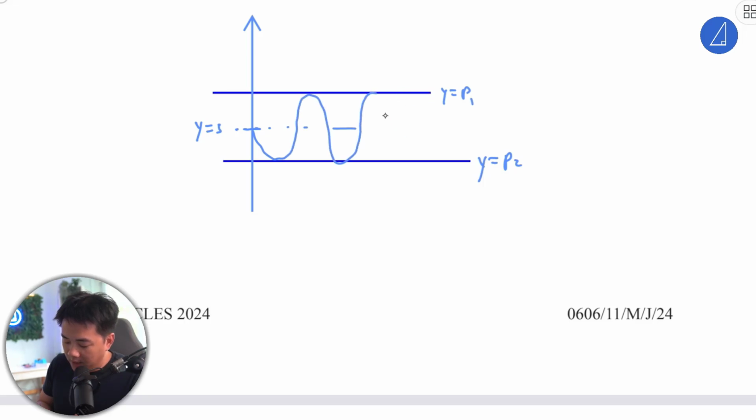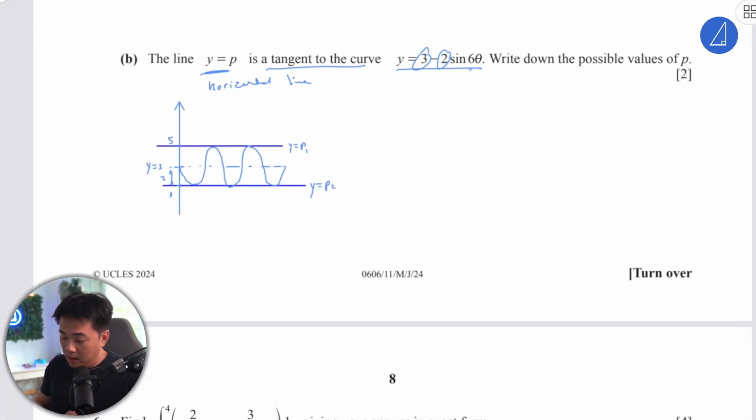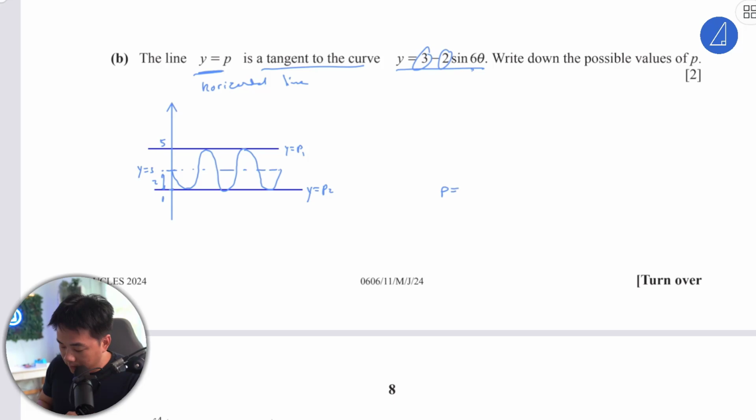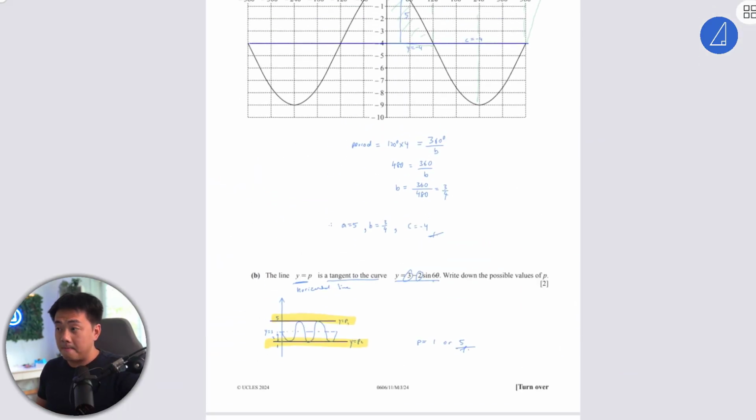We don't really care. So this is 2, so this will be 1 and this will be 5. So essentially p will be 1 or 5. These are the two possible values, right? So you just want the horizontal line to be 5 or 1. So that's how you do this question here.